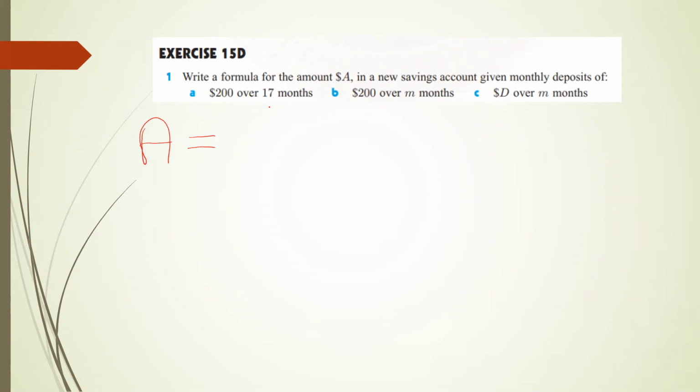Over here doesn't mean it's divided by 17 months, but it means it's per month for 17 months. So the total amount is 200 times 17.